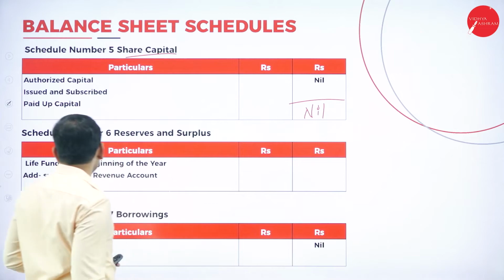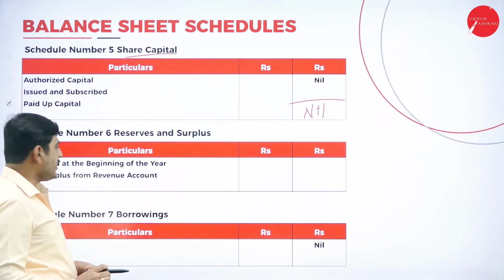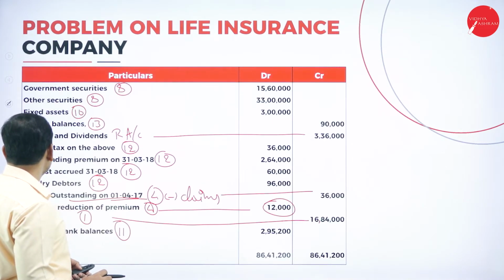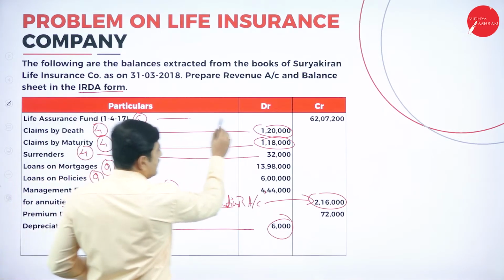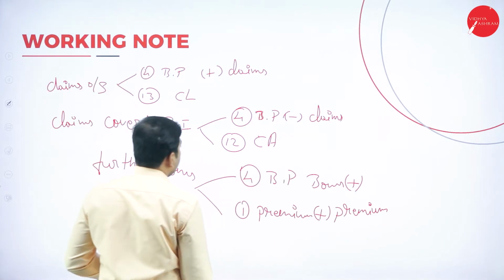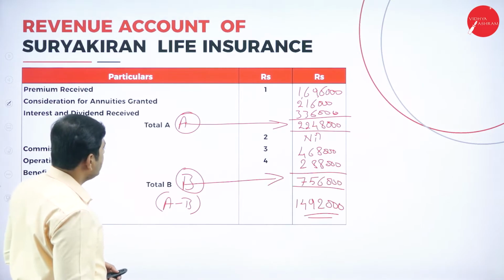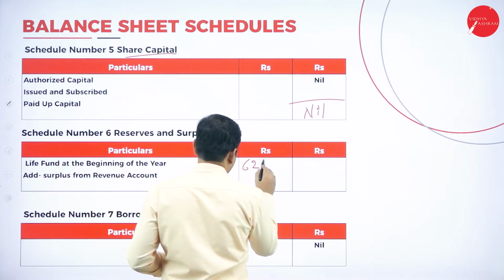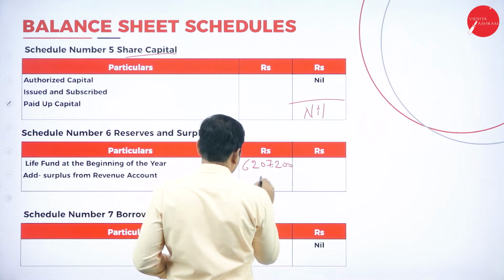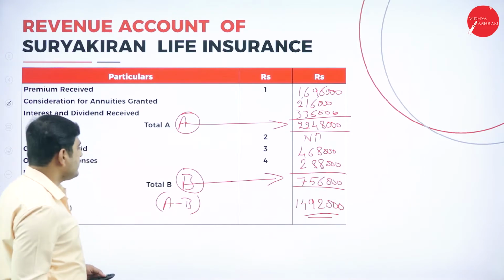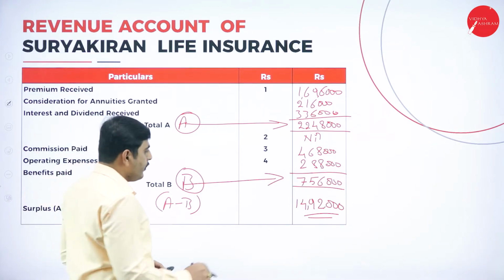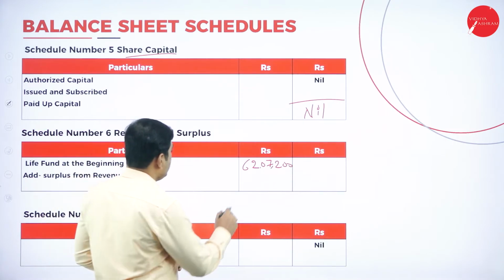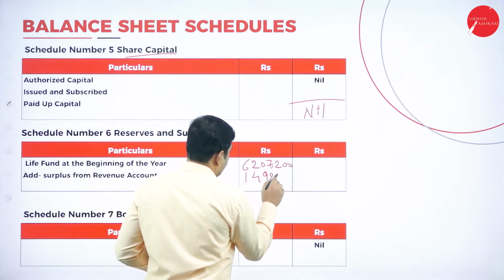Next one, schedule number 6, reserves and surplus. The life fund at the beginning of the year is considered as reserve. So we have life fund of 62,07,200. Next, we can add the surplus we got here, 14,92,000.